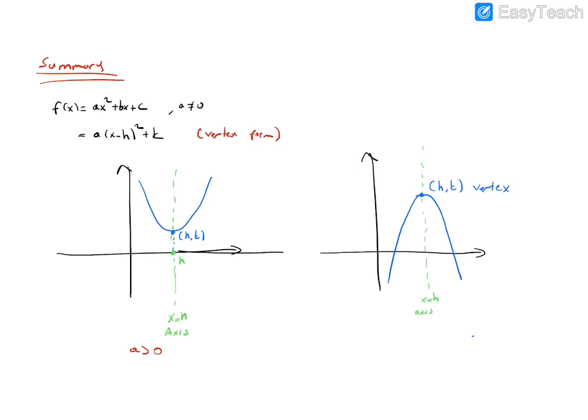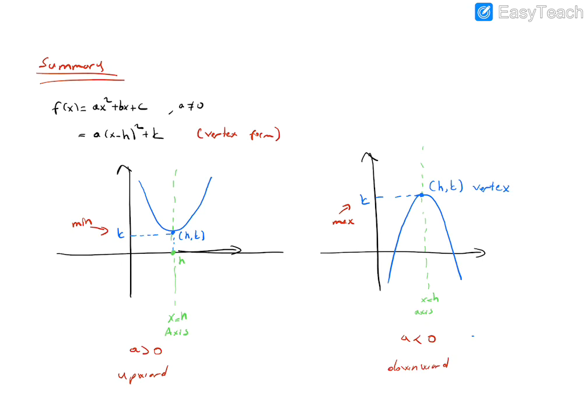So k value is the maximum value here. In the first case, the k value is the minimum value. So let's write: this is k, this is minimum, this is maximum value. Here a is less than 0, the graph is downward. In the first case the graph is upward. And always the vertex is h, k.